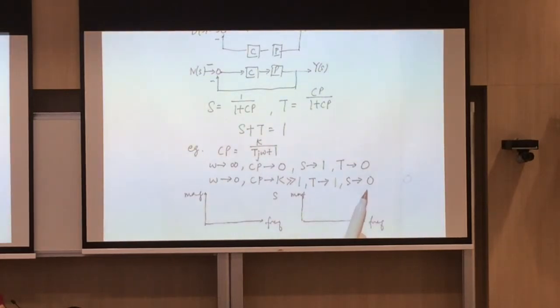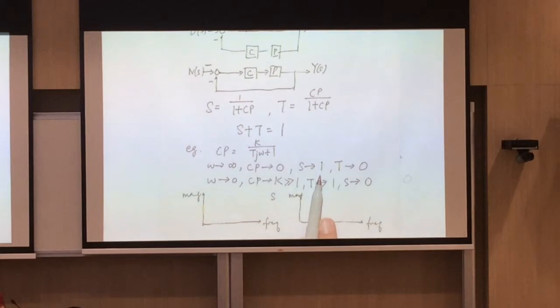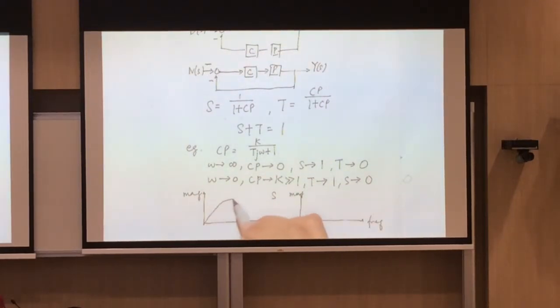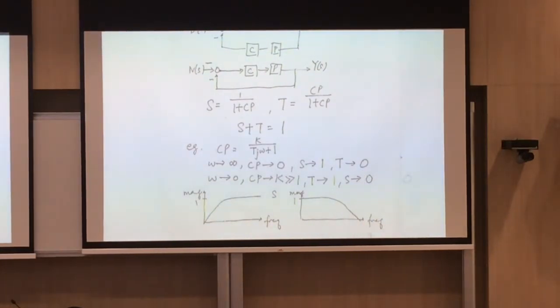When omega is large, S tends towards 1. So it goes like that. For T, when omega is small, T starts at 1. When omega is large, T tends to 0. Did you understand?